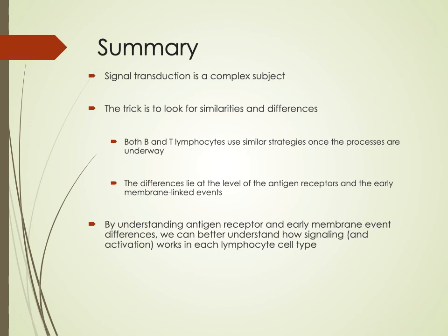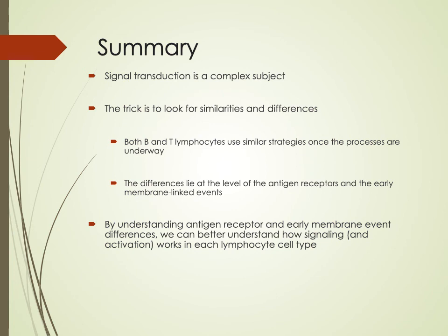Both B and T cell lymphocytes have similar strategies once the process is underway, and we'll talk about that later on in the semester when we talk about adaptive immunity and how B cells and T cells mature and become activated. But the differences rely on the level of the receptors used in early membrane-linked events, so the nuances between that.